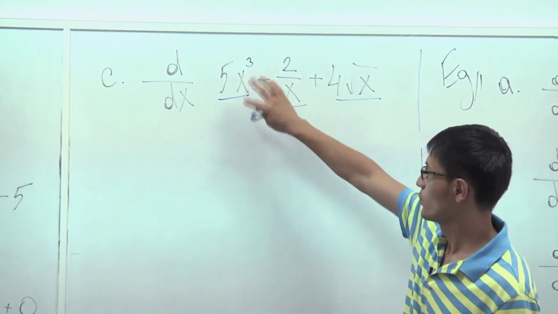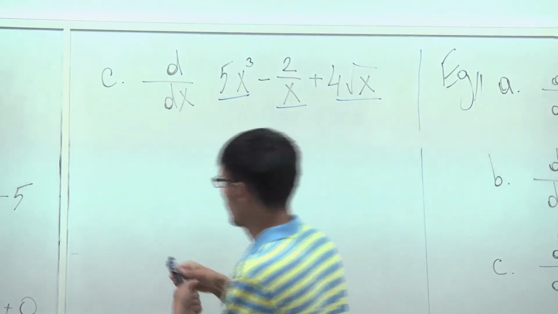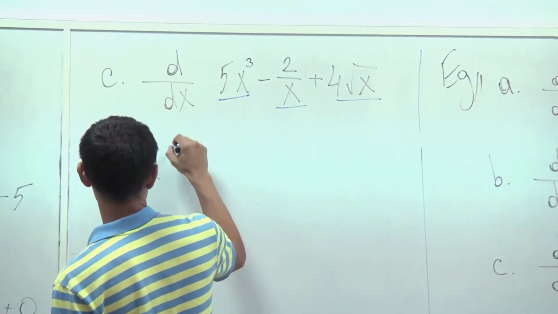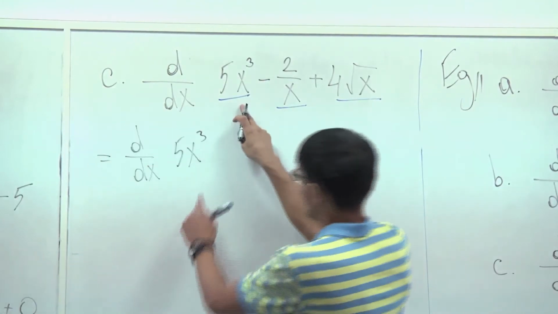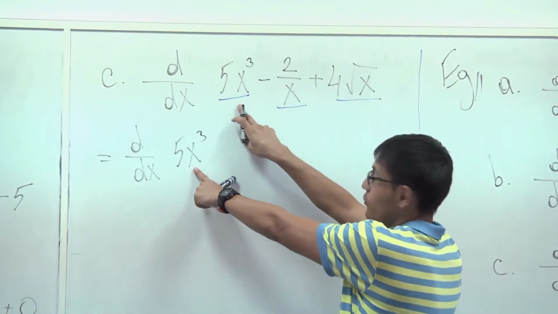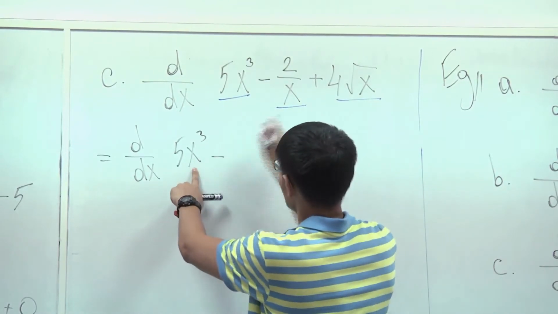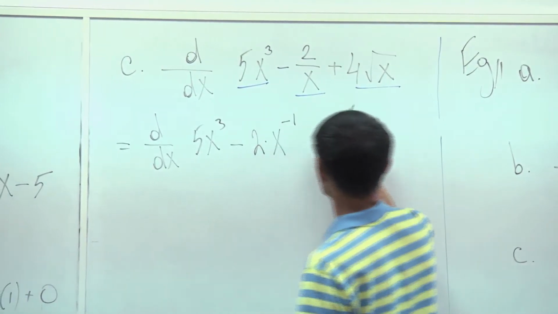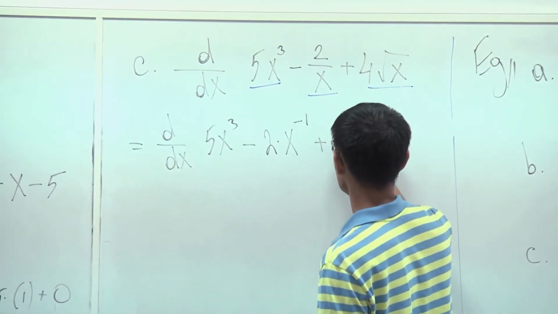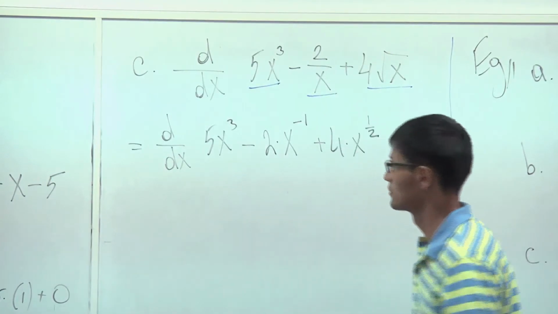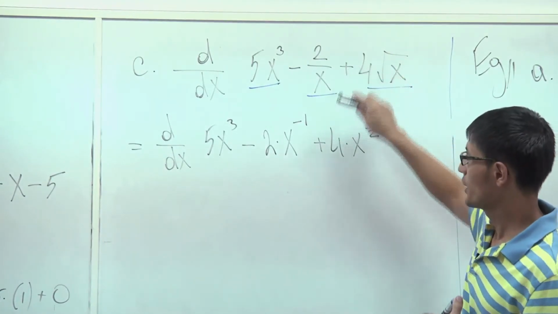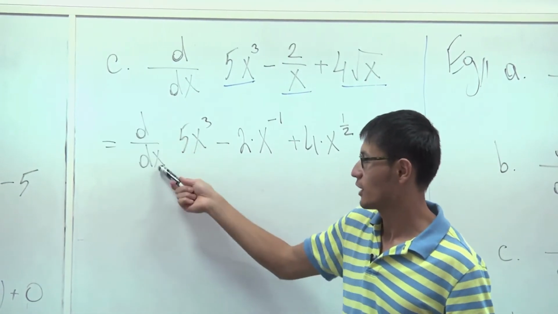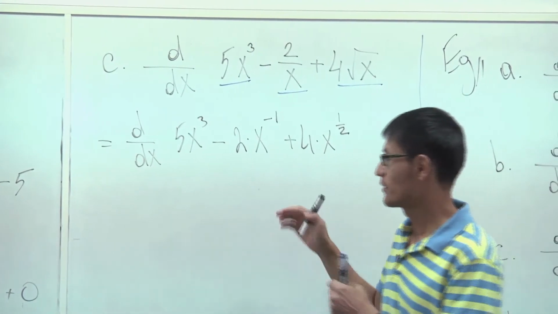So we will first rewrite this expression so we have our terms in the form x to the n. The first term is already in the right form, so I'm not going to rewrite it, but I'm going to rewrite the other terms. I can write 2 over x as 2 times x to the minus 1, and 4 square root of x as 4 times x to the 1/2. So all I did is rewrite the expression. I haven't taken the derivative yet. I still have to take that. So now I will take the derivative.